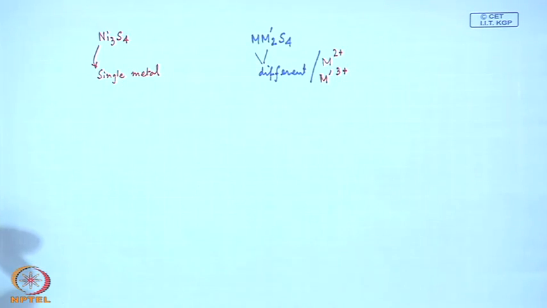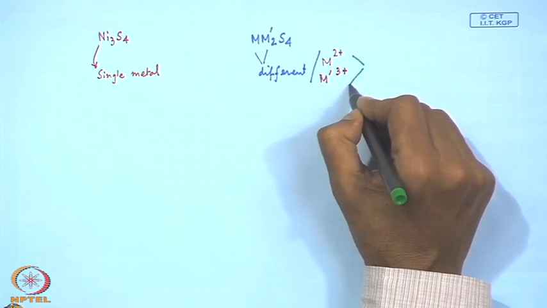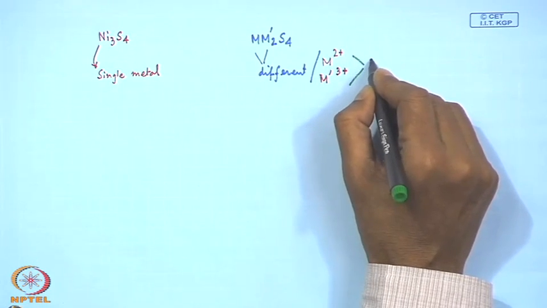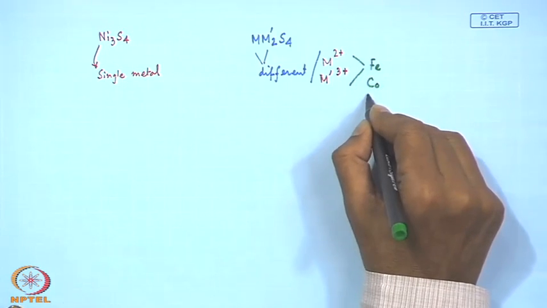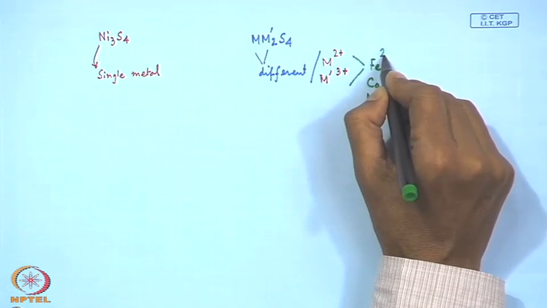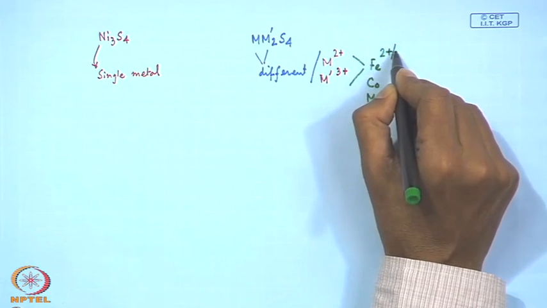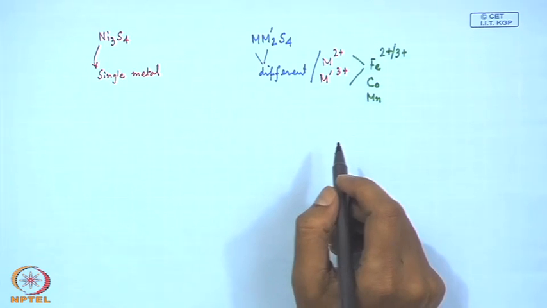We get a large number of these spinels as examples, where the same metal ion like iron, cobalt, manganese can have two possible oxidation states.